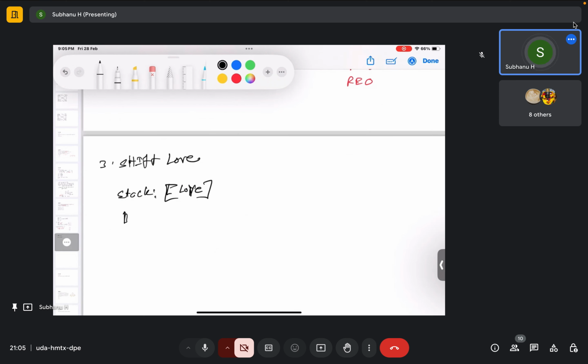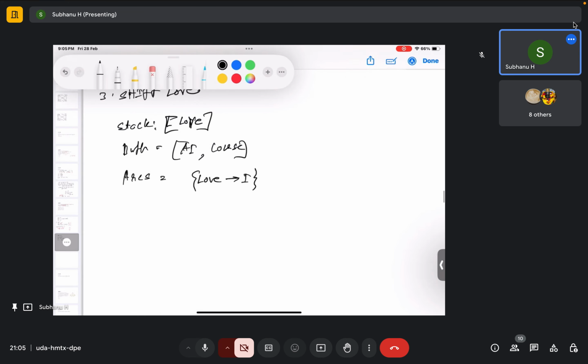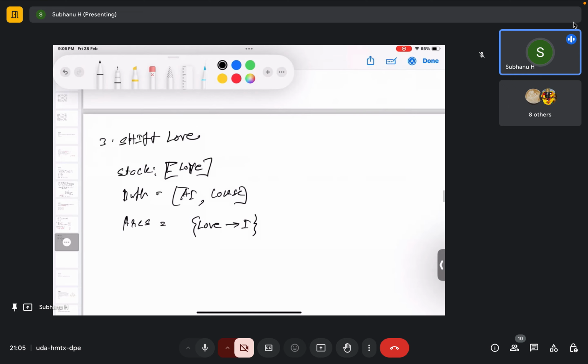Then in my buffer I have AI and course. So what are the arcs? I have love to I. So here I have shift 2, left arc 1, right arc 0, and reduce 0. Fine.